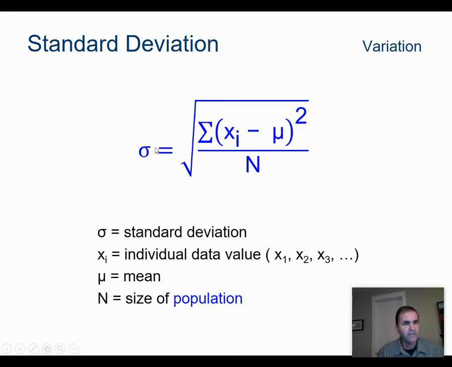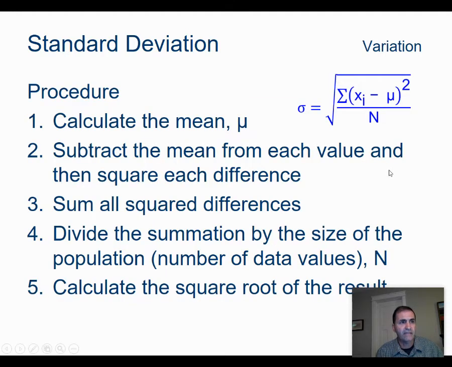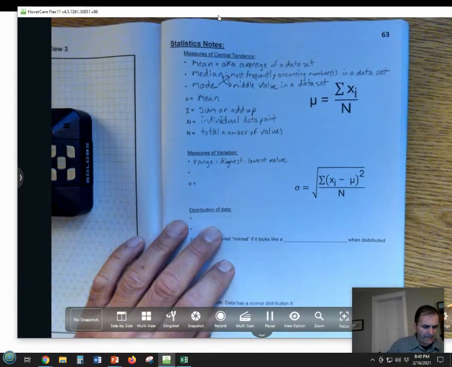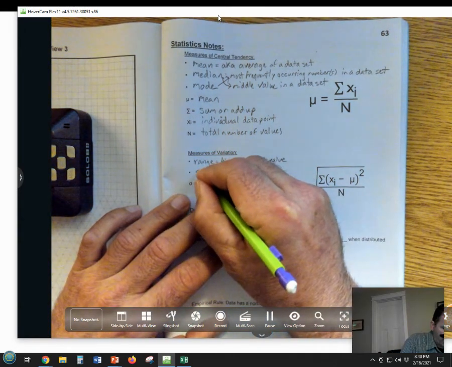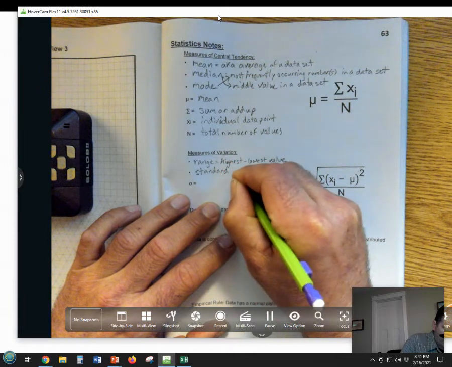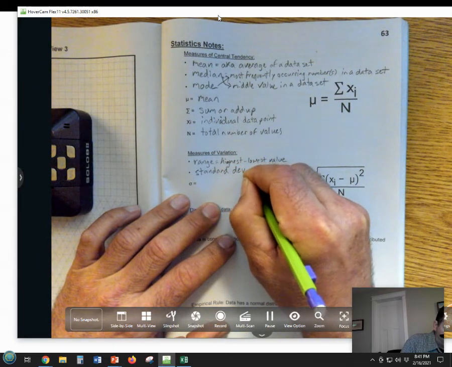Okay. So standard deviation is a way of finding out how far we get from the middle and still kind of be where most of the data is. And this is a formula to find that. So let's go ahead and put this in, and we'll put our second one, standard deviation.